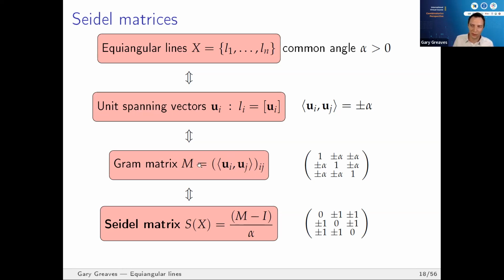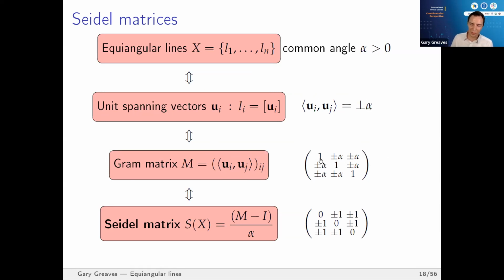The Gram matrix looks quite nice because all of our vectors are unit vectors, so we get ones on the diagonal. On the off diagonal, we get the inner product between any pair of distinct unit vectors, which should be plus or minus alpha because it's an equiangular line system. So our Gram matrix looks like this.